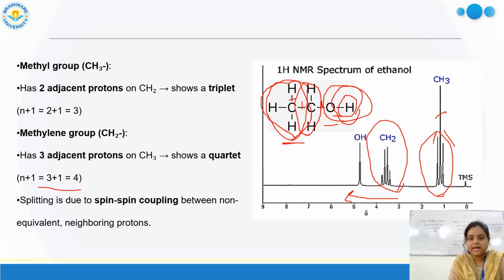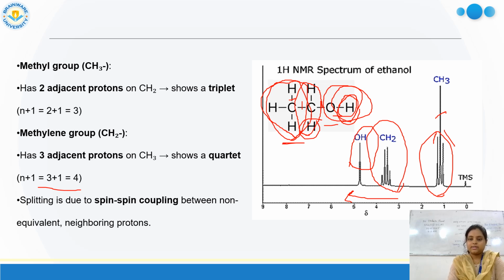So that's why this hydrogen cannot be detected by the NMR instrument, and it does not couple with the neighboring protons. That's why it is considered as a proton with 0 neighboring protons. So if there are no neighboring protons, what will happen? It will show one single peak, that means singlet. That's why this OH will show a singlet, one signal.